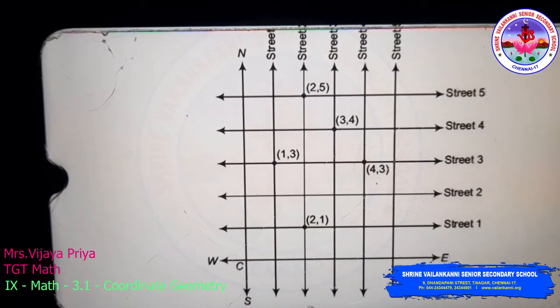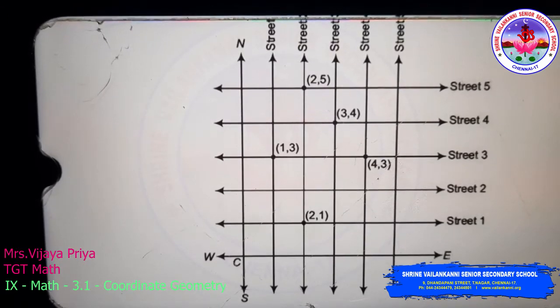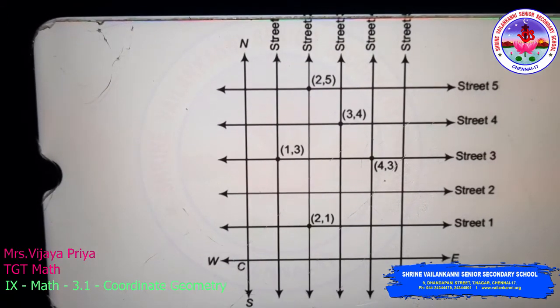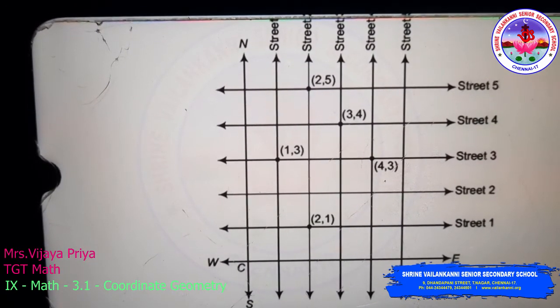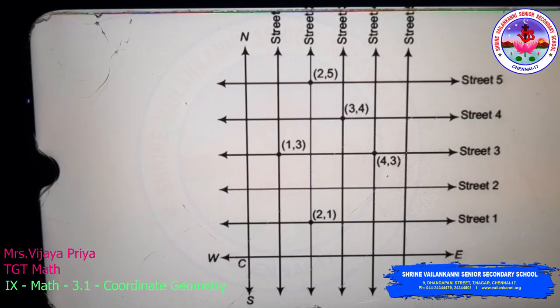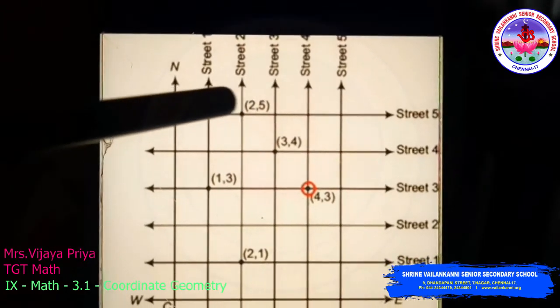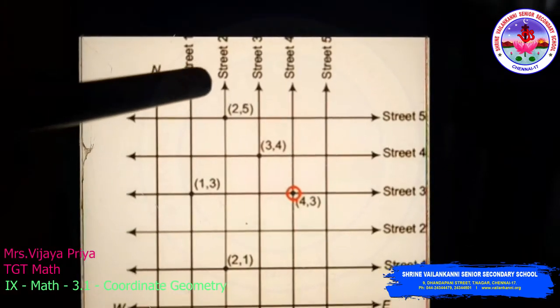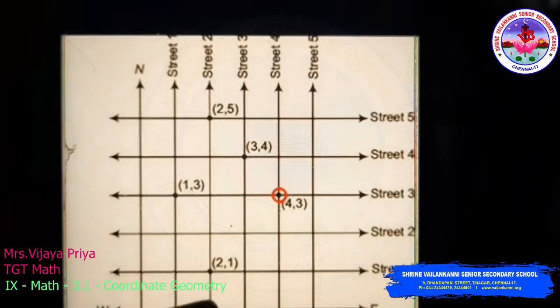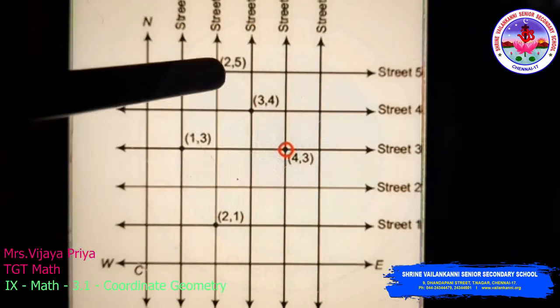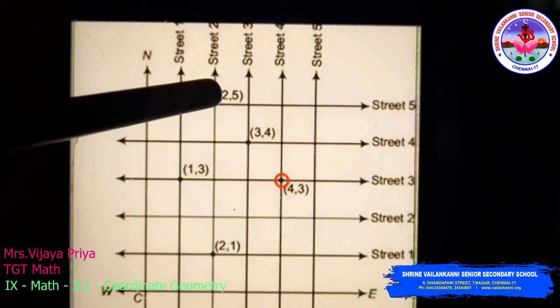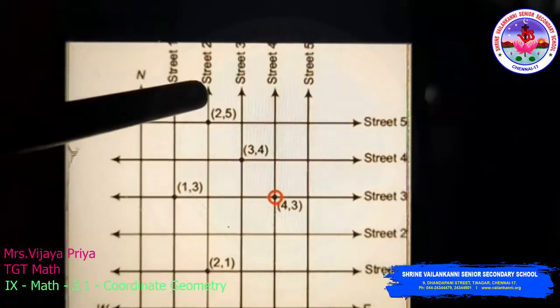There are 5 streets parallel to the horizontal road and 5 streets parallel to the vertical road, where the point 2, 5 is the position of joining of the second street of the x-axis with the 5th street of the y-axis.